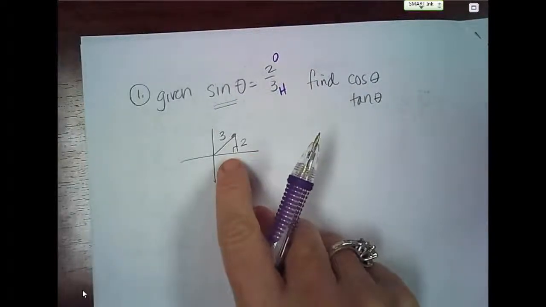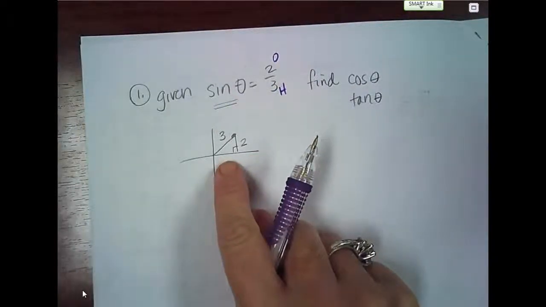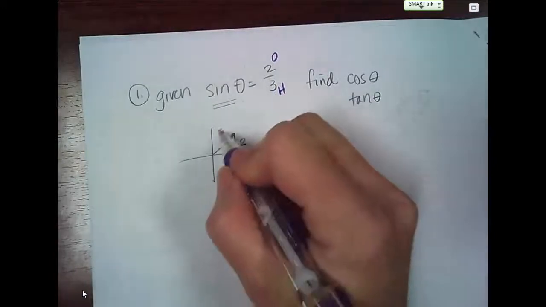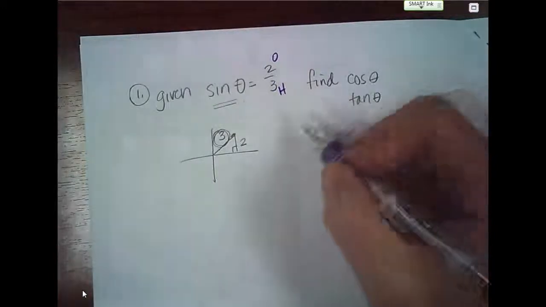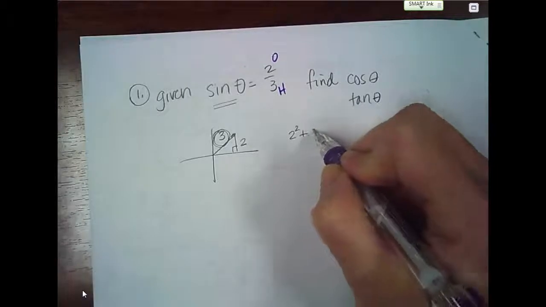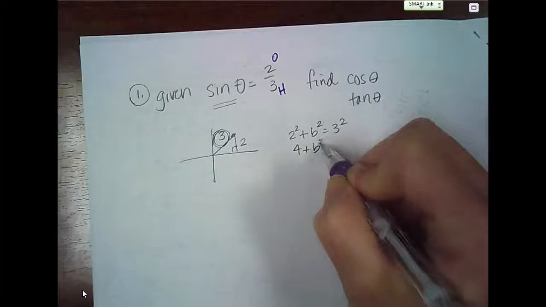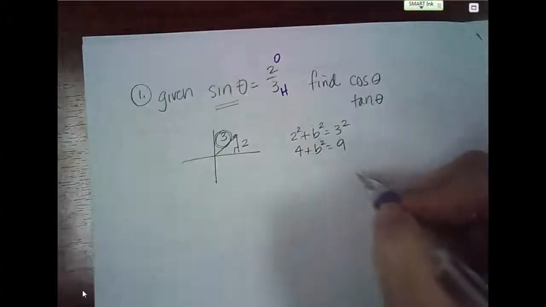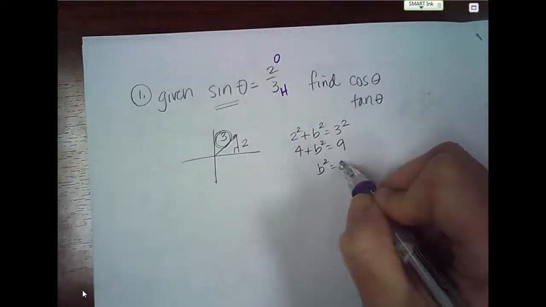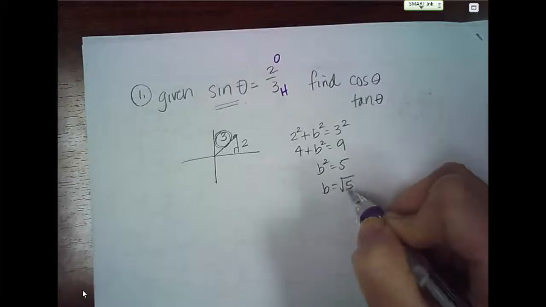So you're going to have to mathematically find this. This is tricky. We haven't done many of these. I'm asking you for a leg. This is the hypotenuse. So the formula for that would be 2 squared plus your missing leg equals 3 squared. So 4 plus b squared equals 9. Move your 4 over, so b squared equals 5, and b is the square root of 5.